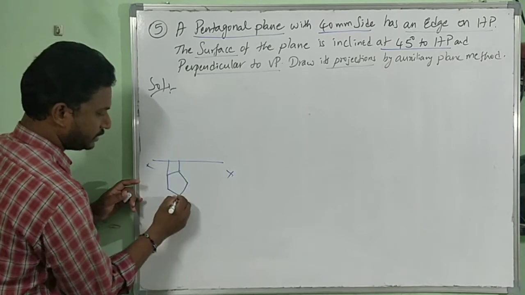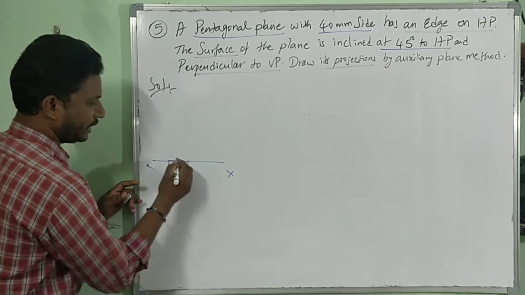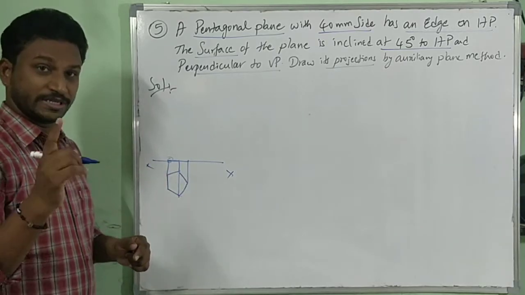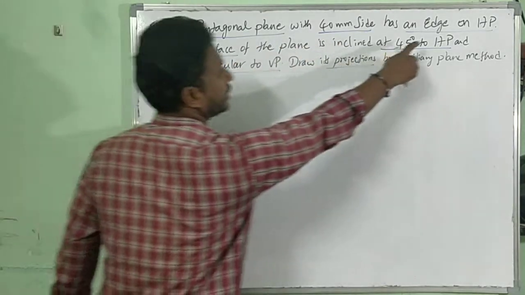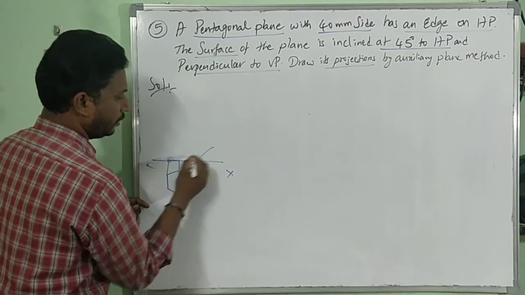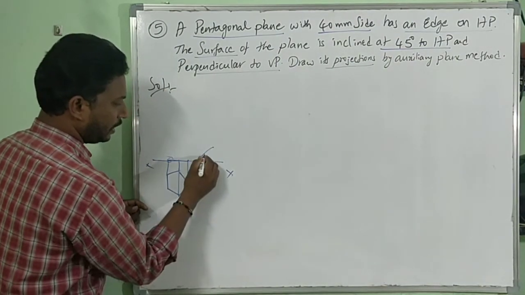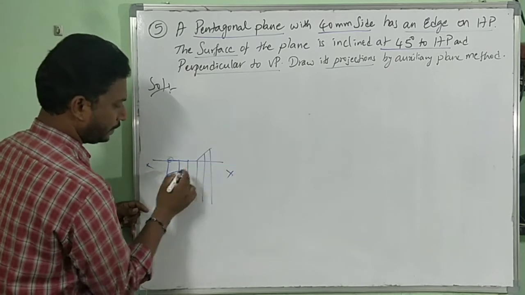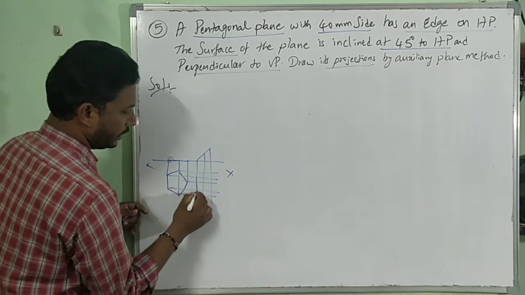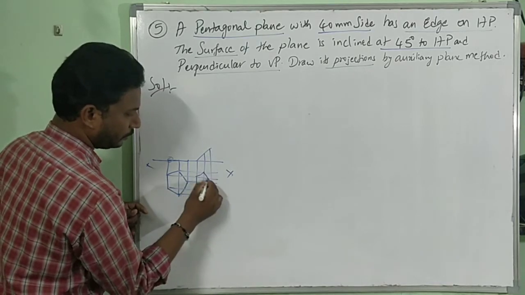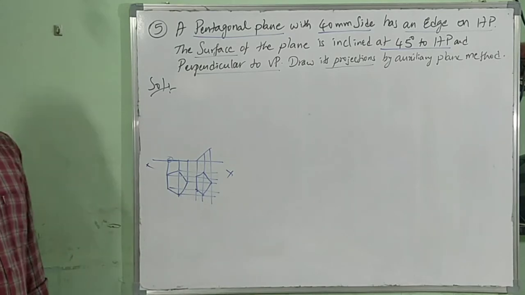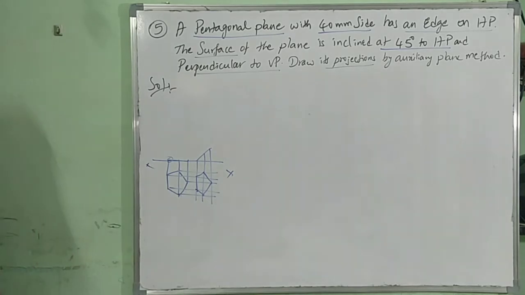Now that is your front view, a straight line. Now this edge is on HP. So we will keep a point here and redraw this line. From here you will be drawing, and from here you will be drawing these lines. Finally you will be drawing the diminution. This is the successive stage by stage problem, 2 stages.